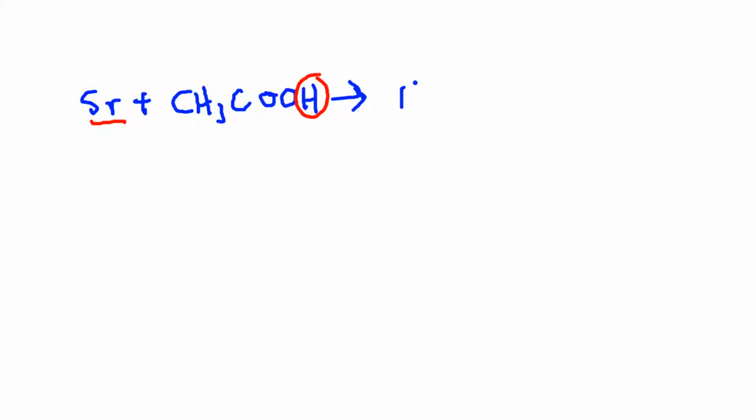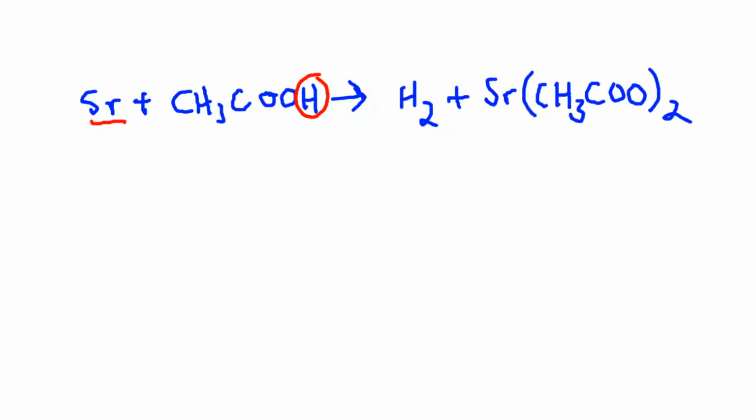So we're going to get our hydrogen gas. We always get our hydrogen gas. And then the strontium is going to come in and replace this hydrogen, but the strontium is a metal, which means it's a cation, so we have to write it first. I'm going to need my parentheses because this is a polyatomic ion and we are going to need 2 of them. So that is what number 9 on page 29 should look like in the end.